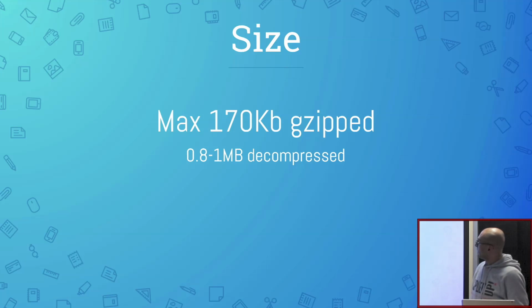Now, for the size of your app, the whole bundle, including everything, should be a maximum of 170K gzip, right? And that transforms to 0.8 to 1 megabyte decompressed, after it's transformed in the browser. We have compression enabled on the server side, but you have only 170K if you want to reach those goals, right?